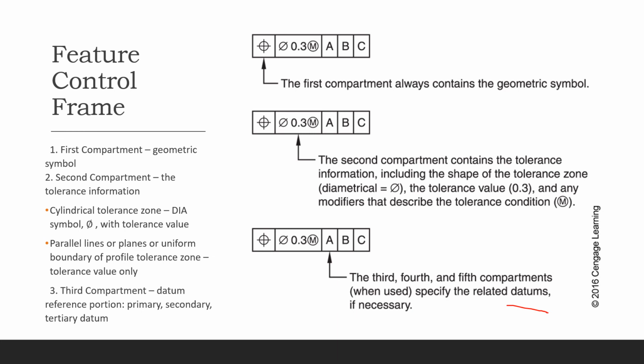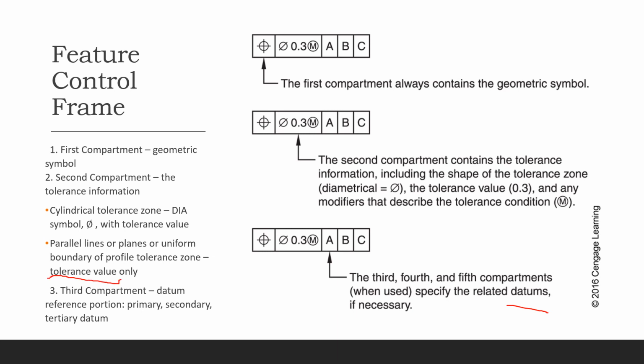So the first compartment, geometric symbol. The second compartment is this little one. It's going to be the tolerance information. We already know that, and a cylindrical tolerance zone, in this case diameter, that's solidified. The tolerance value 0.3. For parallel lines or parallel planes or a uniform boundary of profile tolerance zone, we're going to put the tolerance value only.